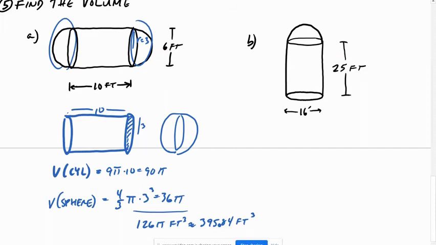Okay, example B looks like this could be a grain silo. So it's got a cylinder for the bottom and then a hemisphere for the top. So go ahead and pause your video, see if you can find the volume of this composite figure, and then press play to see the solution.